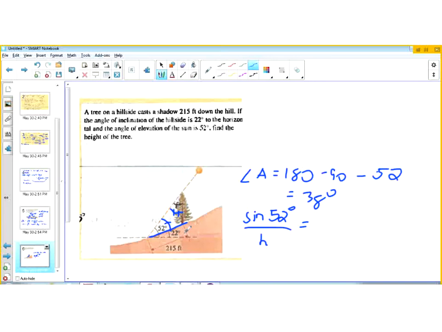No, not the sine of 52. The sine of 30, I beg your pardon. I was looking at the wrong triangle. We're talking about this triangle right here, and the length of this side is 215, so this angle right here is 30 degrees.